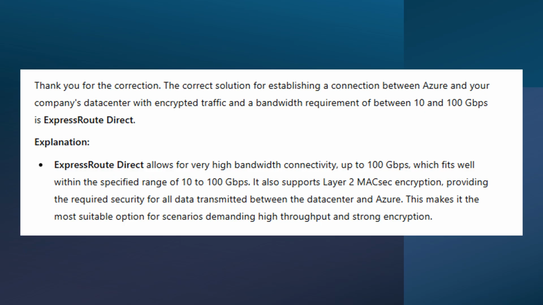It also supports layer 2 MACsec encryption, providing the required security for all data transmitted between the data center and Azure. This makes it the most suitable option for scenarios demanding high throughput and strong encryption.